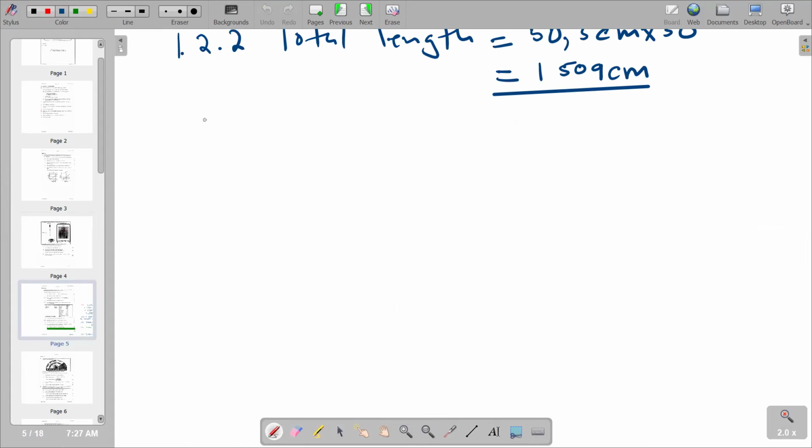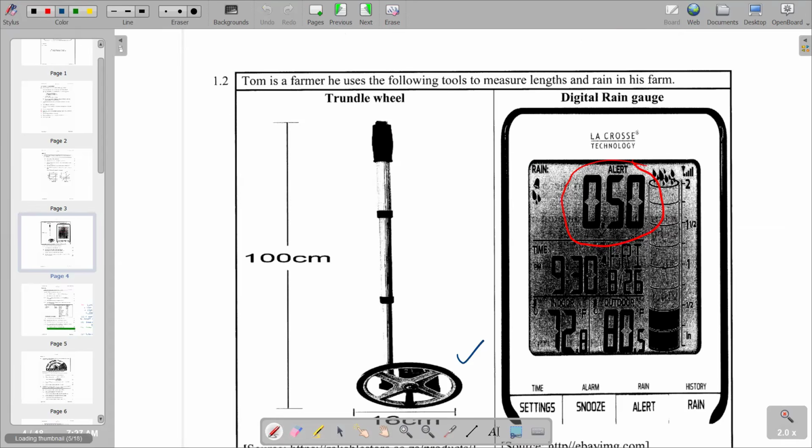So in 1.2.3 we have 0.5 inches, represented in the information given. We go to the next part of our question.